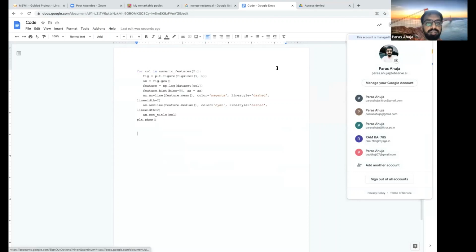Yeah, I'm creating the doc. So that was getting logged in to my company ID, so I won't be able to create an open access for that.